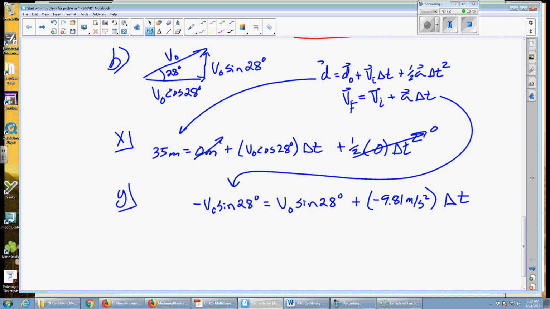Because I can solve this one for delta t, right? I just get 2 V naught sine 28 degrees over 9.81 meters per second squared.